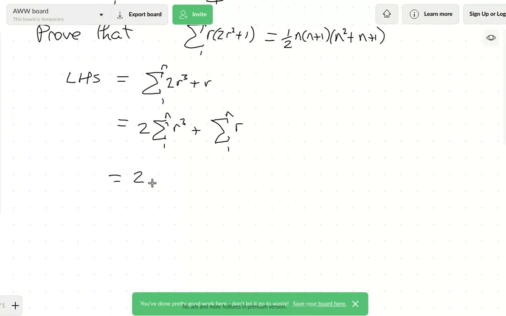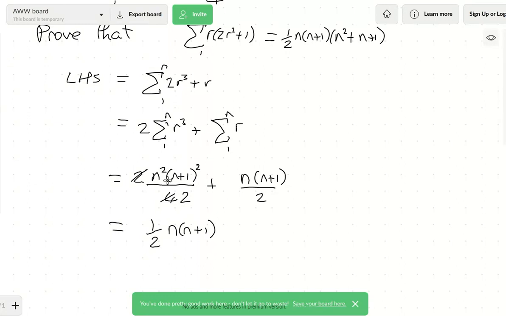That's going to be 2 times the sum of r cubed, which I said was n squared, n plus 1 squared over 4. So there's going to be some cancelling there. And the sum of r is n plus 1 over 2. Now at this stage, do not multiply out the brackets. Factorize. This is also over 2, so I can take out a half. I can also take out an n and an n plus 1, because that term has an n and an n plus 1, and that term has an n and an n plus 1.